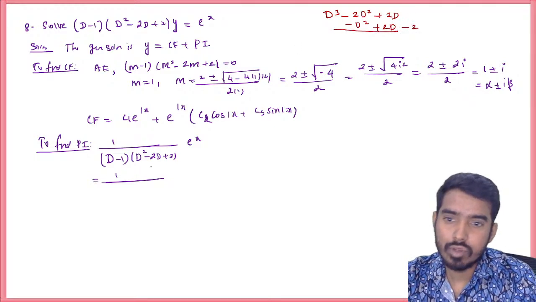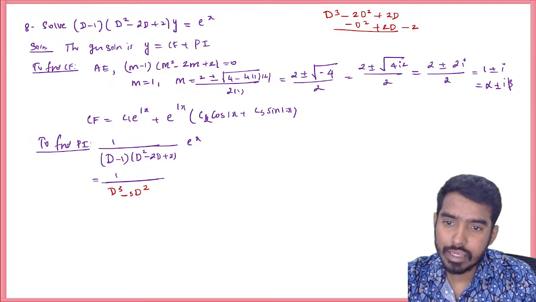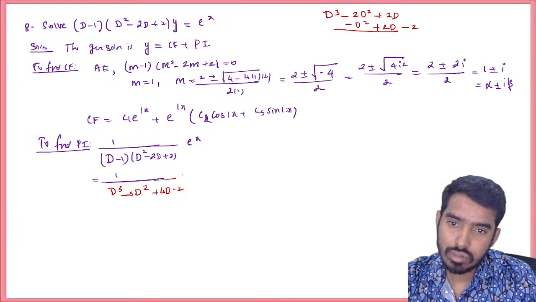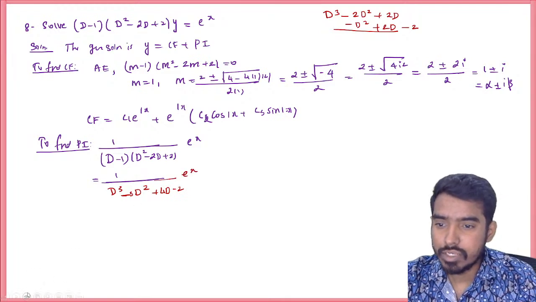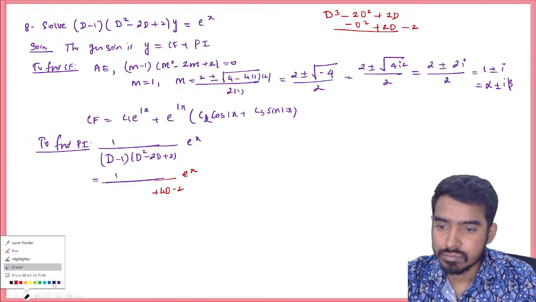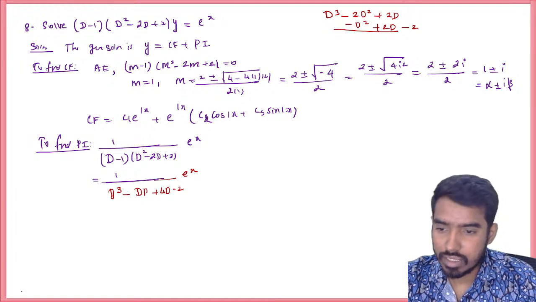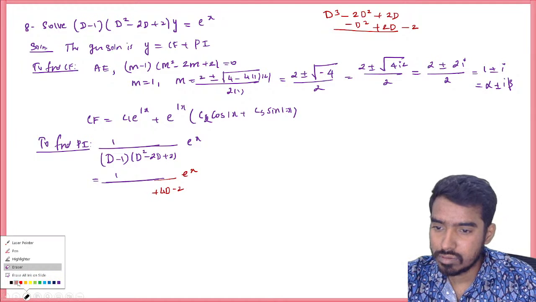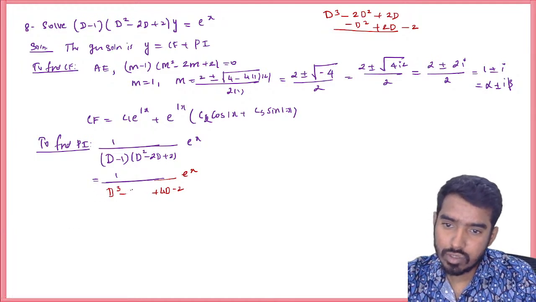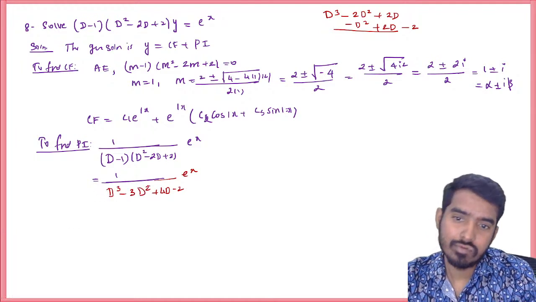So when you add it up, you will have D cube minus 3D square plus 4D minus 2, into e power x, right? So D cube minus 3D square plus 4D minus 2.